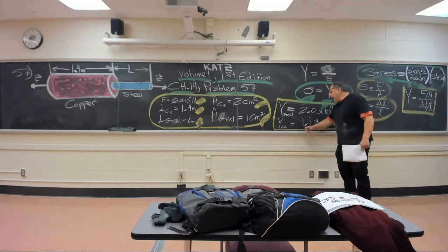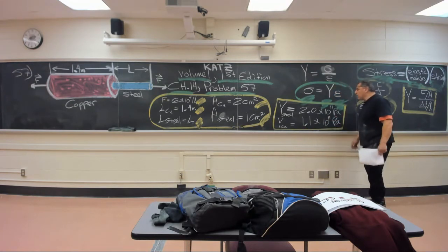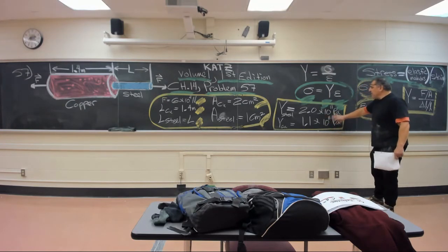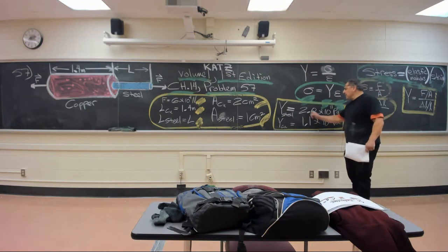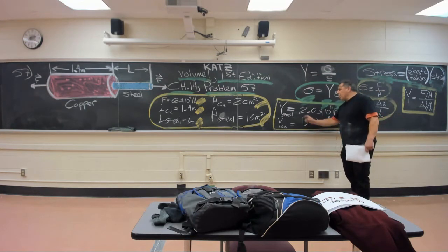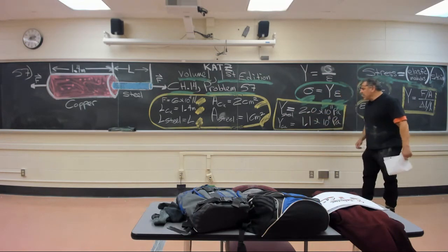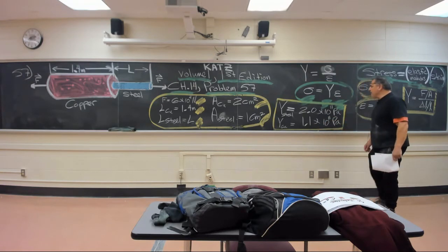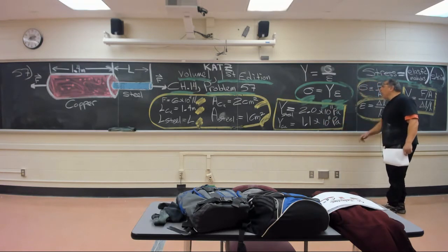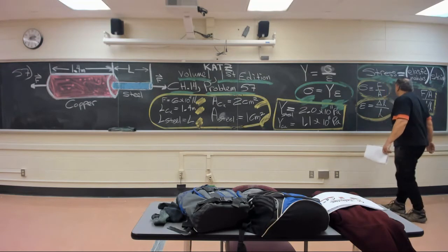Young's modulus for copper is substantially smaller, relatively speaking, at 1.1 times 10 to the 11th pascals. It's 10 to the 11th pascals in both instances, but this one's nearly twice as big as the other. So Y of steel is 2.0 times 10 to the 11th pascals, and Y of copper is 1.1 times 10 to the 11th pascals.